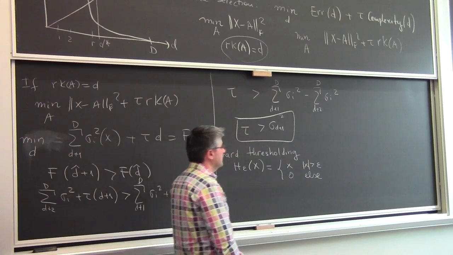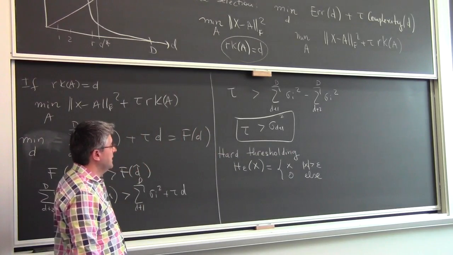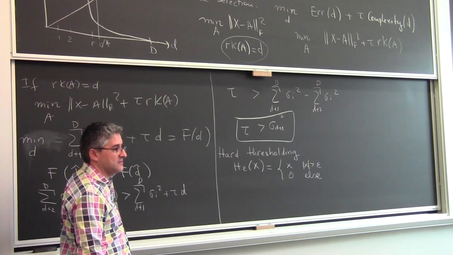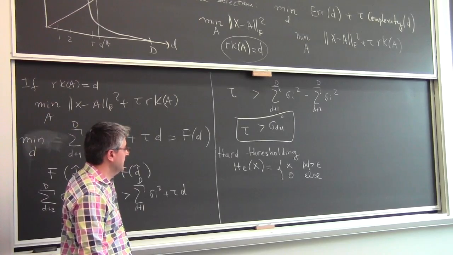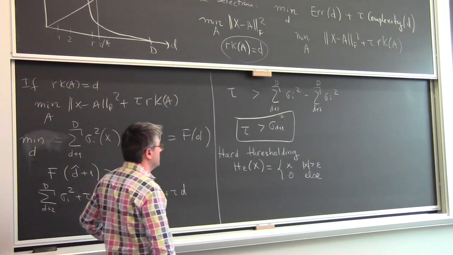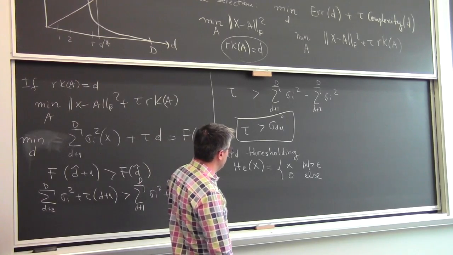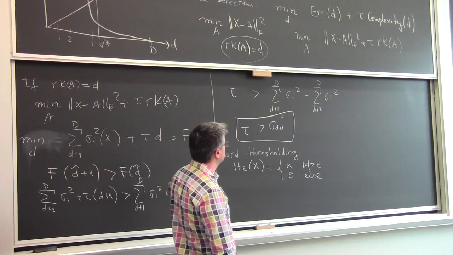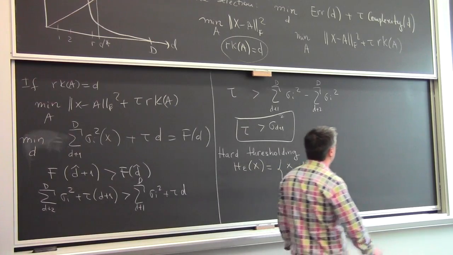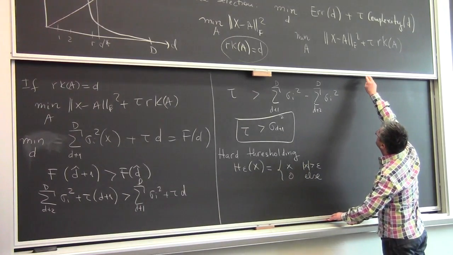Okay? So basically, if you give me a number, if that number is large enough, you keep it. If that number is below a threshold, you set it to 0. And the reason I'm going to introduce that notation is because we're going to use it for writing down the optimal solution to PCA with model selection.